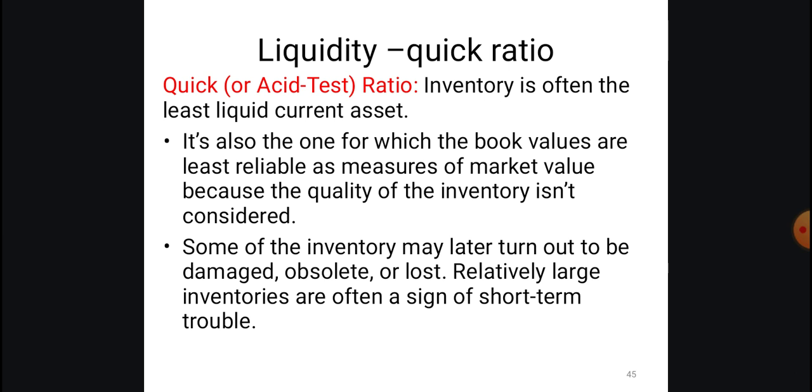It disregards inventory from the current assets because it is most of the time believed that inventory could be damaged, could be obsolete, or could be lost, and hence, not to jeopardize the position of the suppliers or short-term creditors, it is better if inventory is just excluded from the current assets. This is the contention of the quick or acid test ratio.